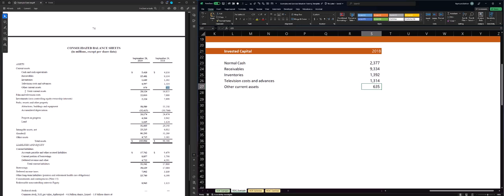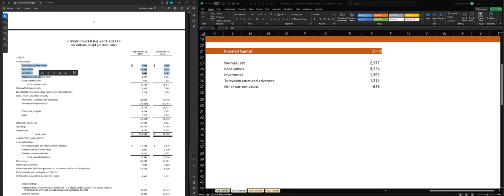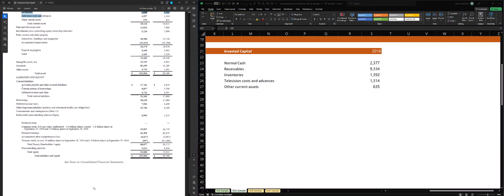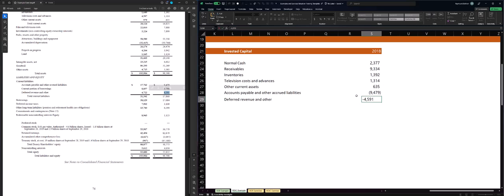And now, once we're done with the current assets, we'll take a look at the current liabilities. Accounts payable, of course, you need that for your business. Current portion of borrowings, no, because that's debt, that's interest bearing. Deferred revenue, yes, because that's what you need to provide services.